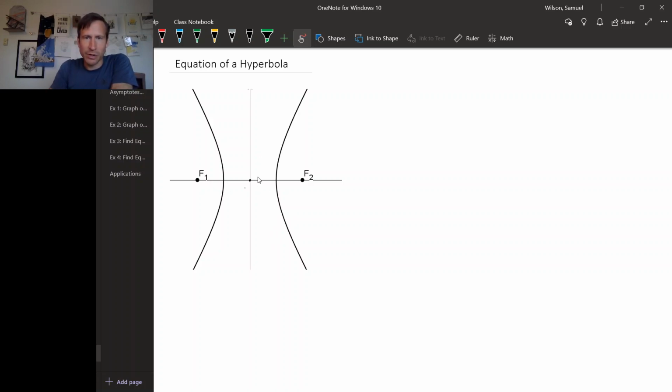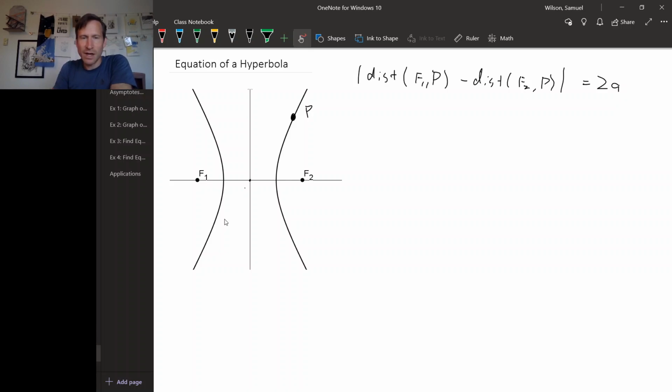Okay, remember our equation for a hyperbola looks like this. The distance from F1 to your point, remember this is for any point on the hyperbola, P, the distance from F1 to P minus the distance from F2 to P, the absolute value of that has to be 2a.